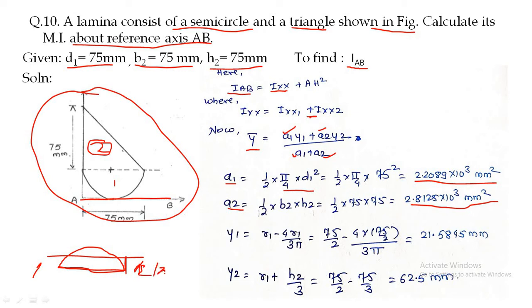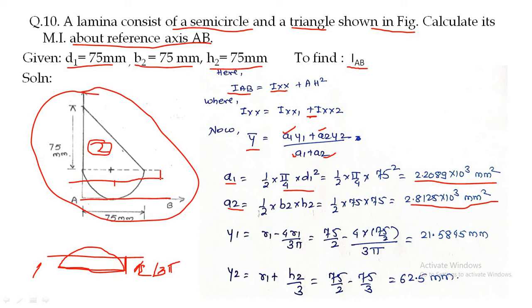So if the horizontal centroidal axis of this semicircle lies somewhere over here, the distance from this line to this horizontal centroidal axis will be equal to 4r upon 3 pi.